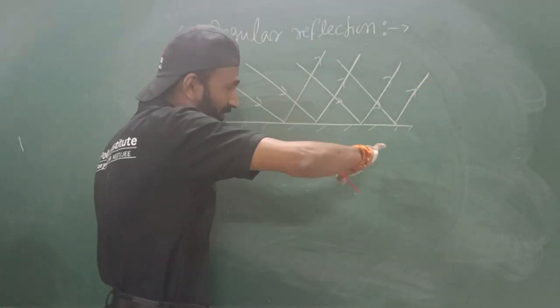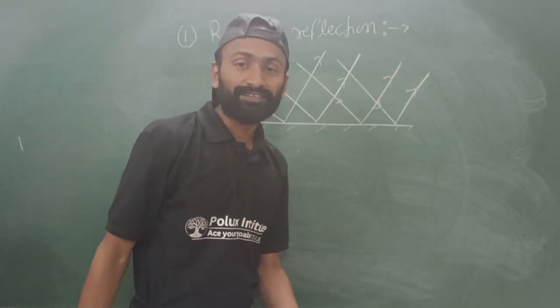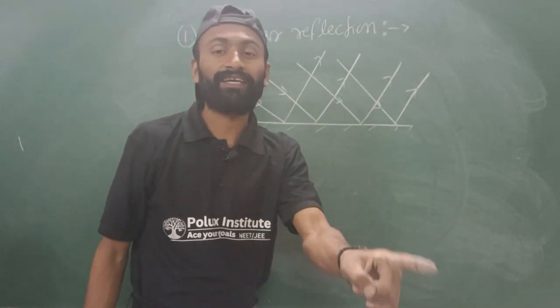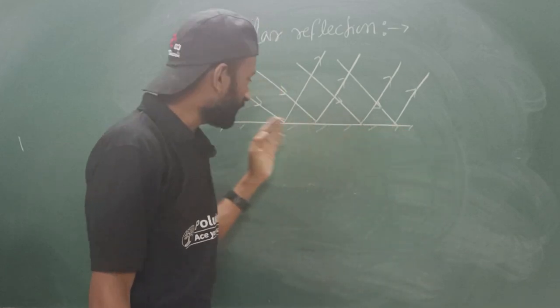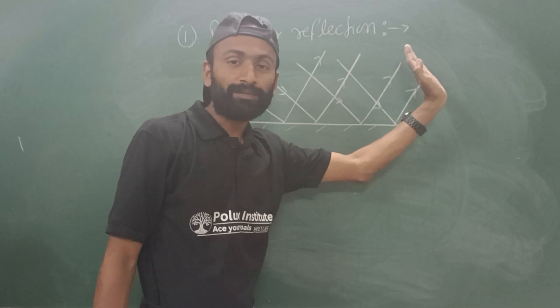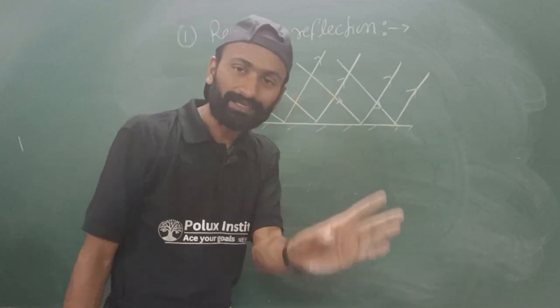Means all light will go in the same way. This surface will be plane, and the reflection will be in the same direction, in the same pattern.